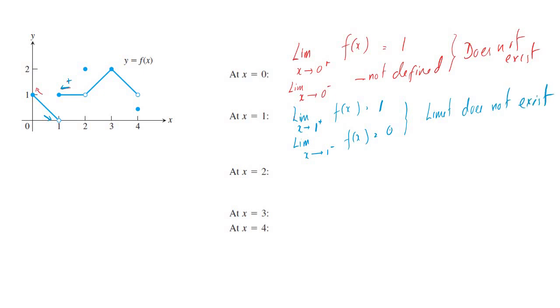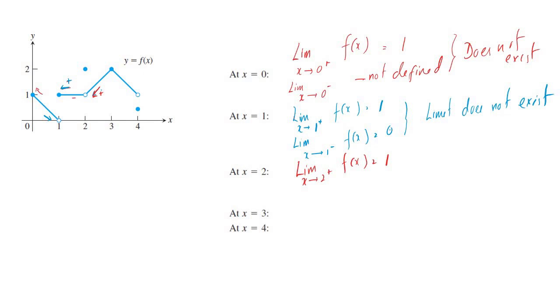Let's look at 2. From the positive side, the limit as x tends to 2 from the positive side, f(x) is equal to 1.